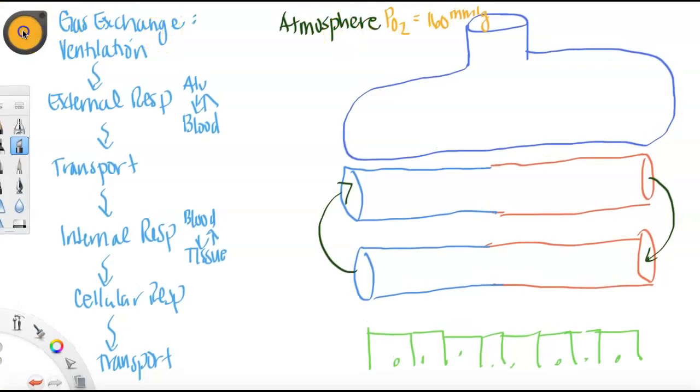The partial pressure of CO2 is about 0.25 millimeters of mercury.